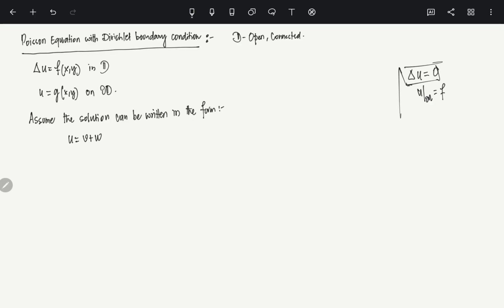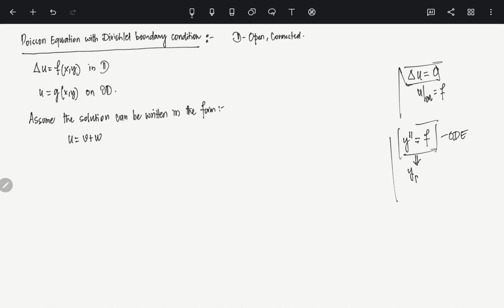Clear? And what are v and w? So v is a particular solution of the Poisson equation. If you remember in ODE, let's say I want to solve the equation y double prime equals f. If I want to find a general solution, what do we do? We find a particular solution of this equation.